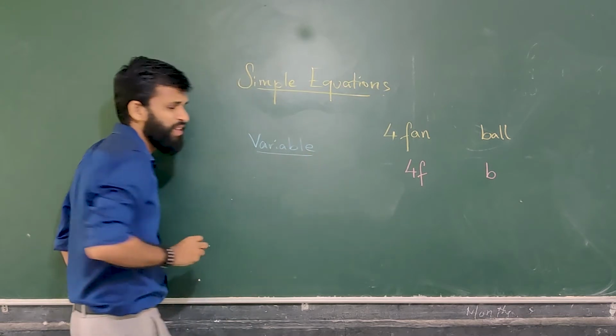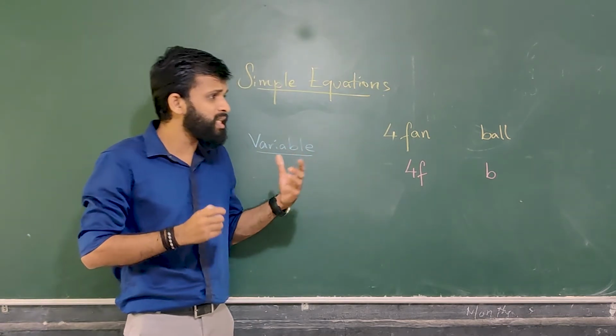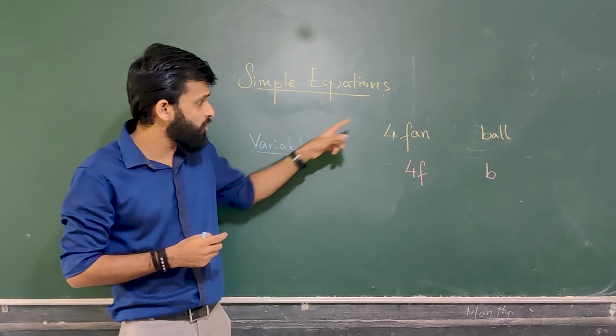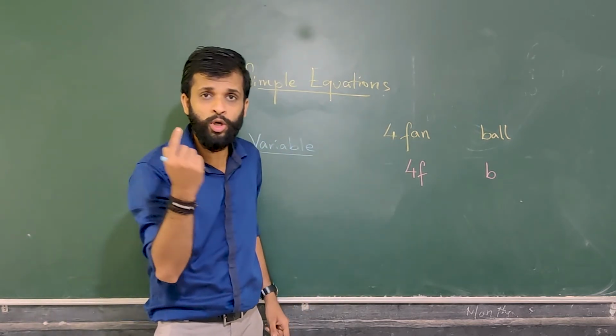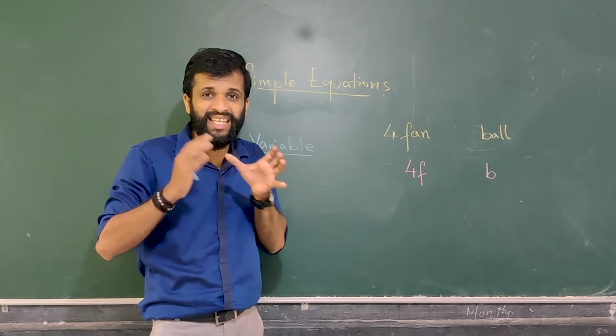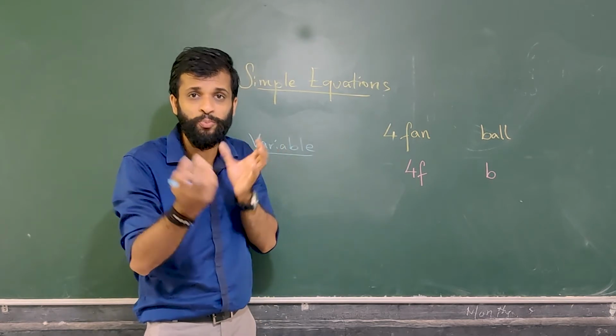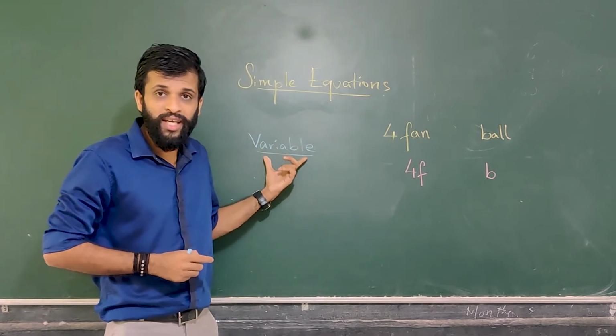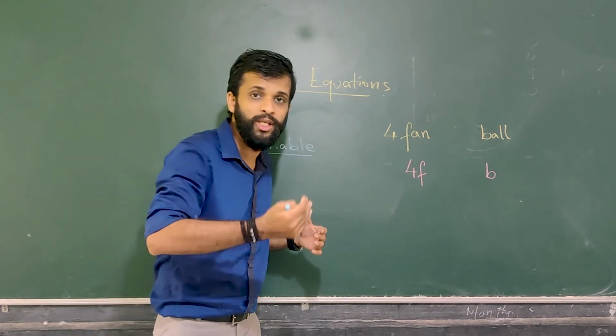Now, why variable? A variable is nothing but something that is changing. The fan was rotating, right? It was changing its direction, its placement, its position. It is a variable, there is some change in it.